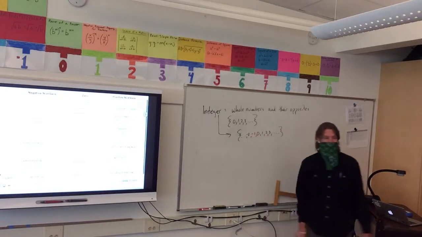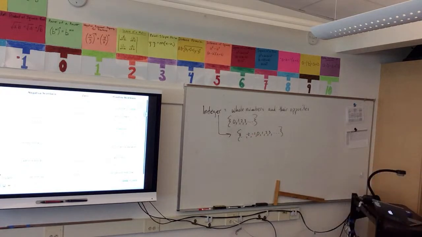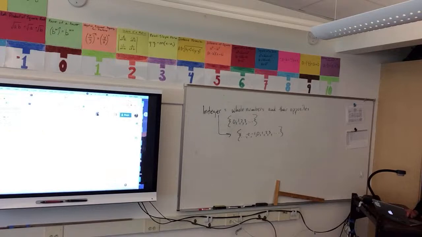So the dot, dot, dot just continues that pattern. So then we've got the positive integers, we've got the negative integers, positive numbers and negative numbers.